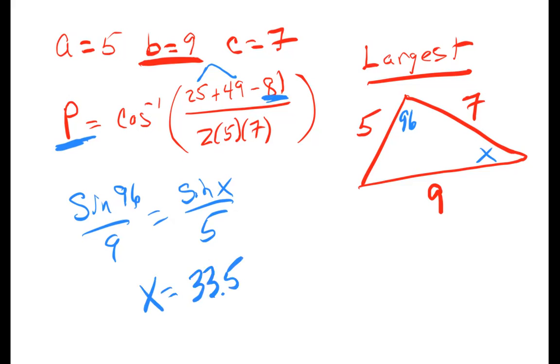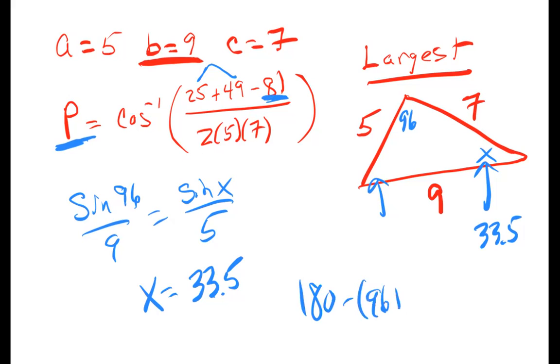Sounds good to me. So if that angle is 33.5, we can find this other angle by saying 180 minus 96 plus 33.5, which is going to be 50.5. Is that right, if I did my math right?